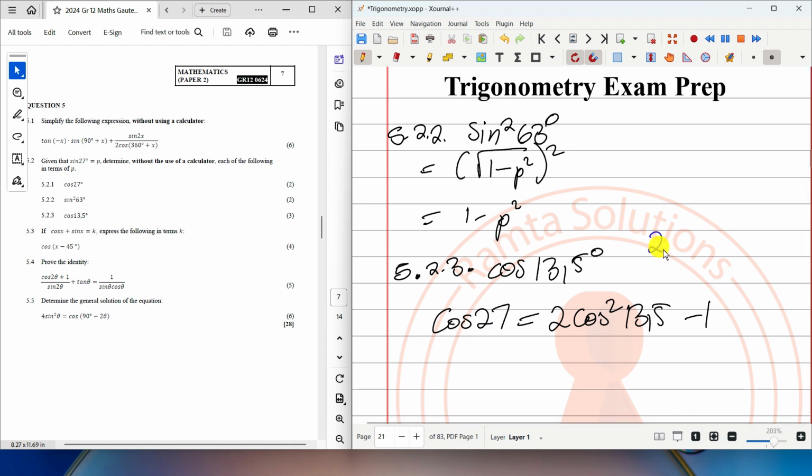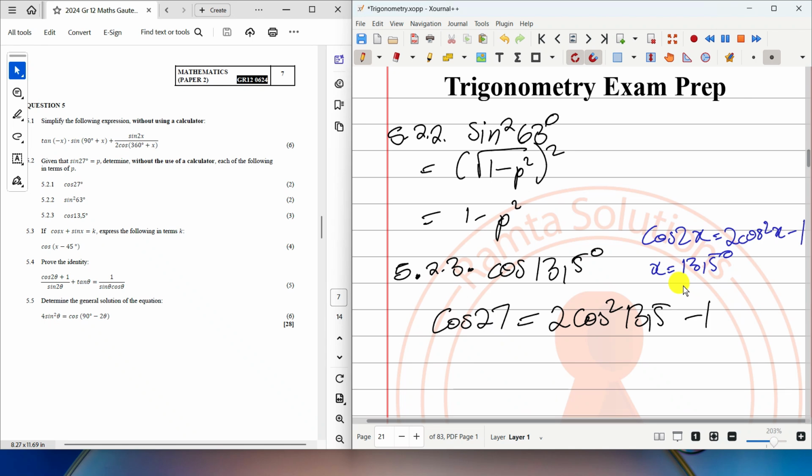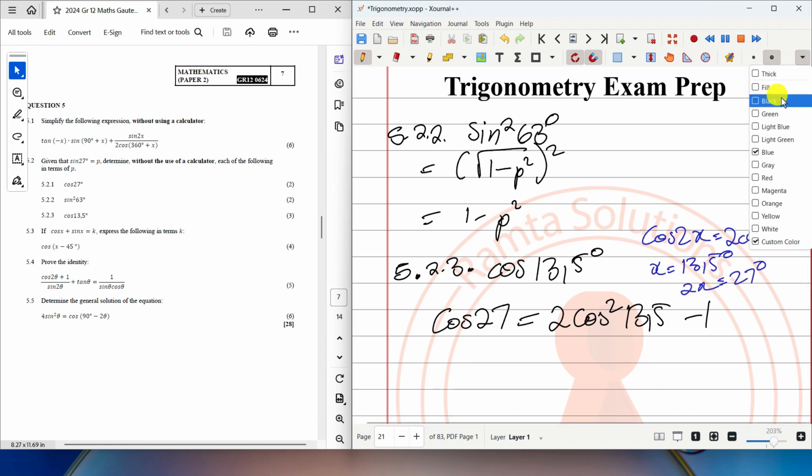Remember, we have cos 2x equals 2 cos square x minus 1. So here, if you can see, x is 13.5 degrees. What is 2x? It is 27 degrees.